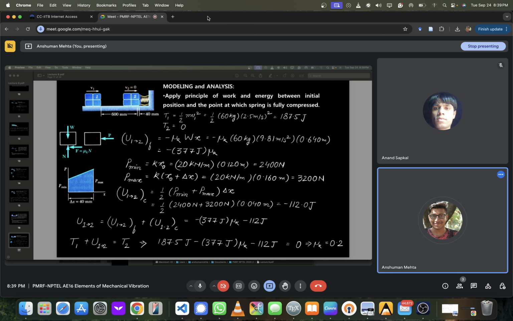Applying the energy conservation formula, since T2 is 0, we only have to take care of T1, which we have already found out in the starting.